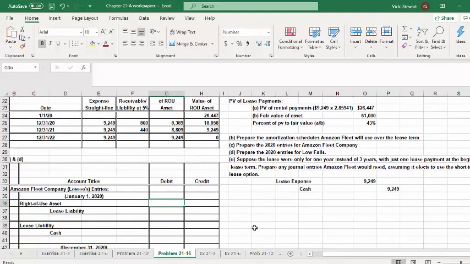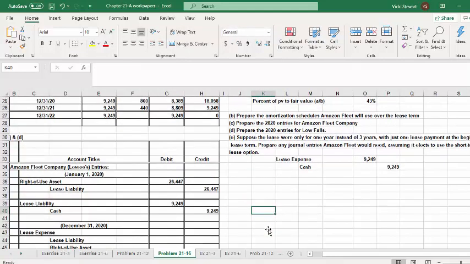At the inception of the lease we would debit our right of use asset for $26,447 and credit the lease liability for the same amount. We would also make our first payment on that date for $9,249, which would be debited to the lease liability, and we would credit cash for the same amount.